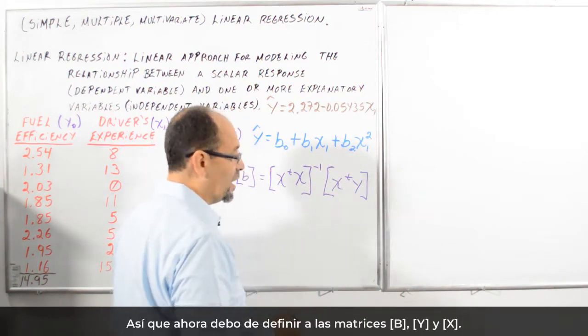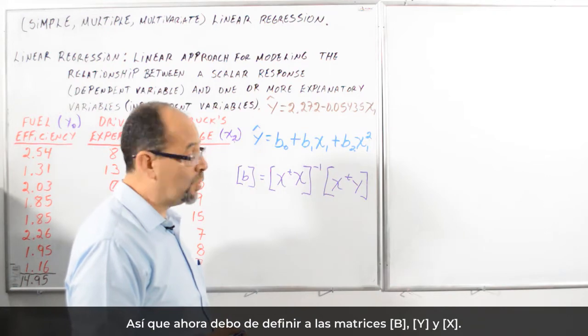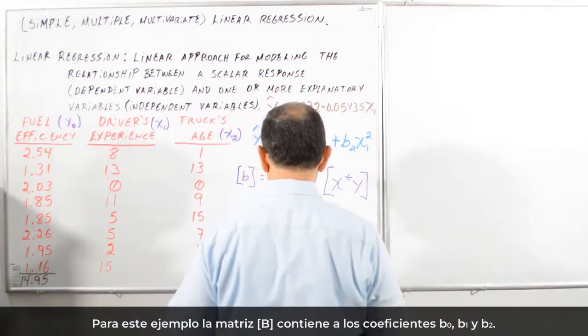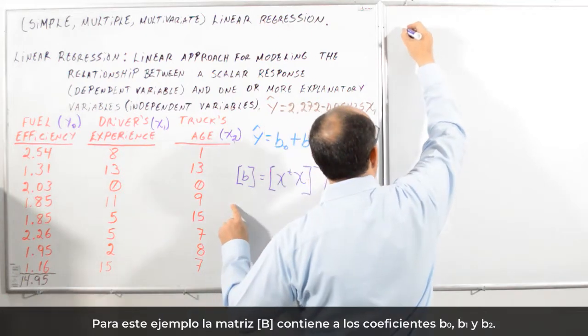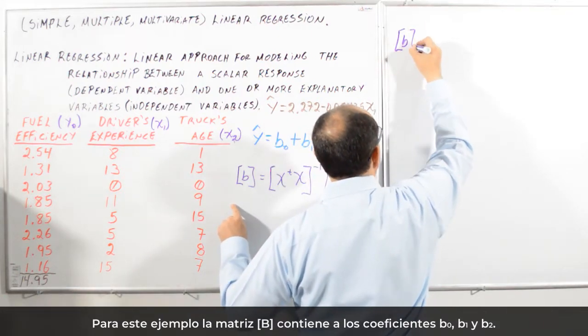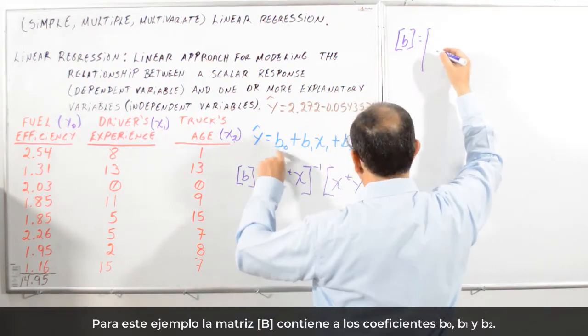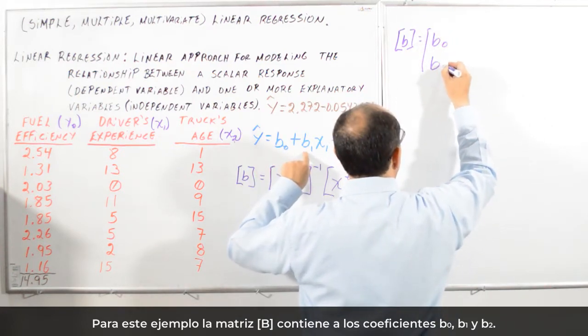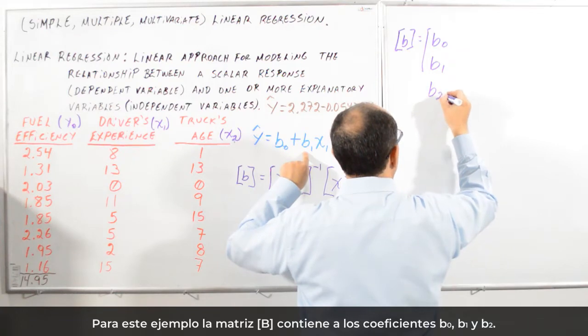All I will be doing is to define those matrices. For this example, matrix B is equal to B0, B1, and B2.